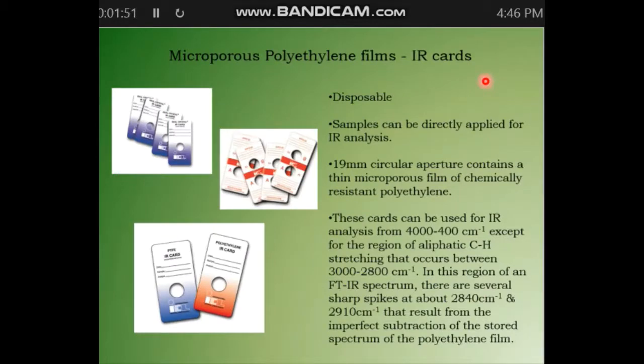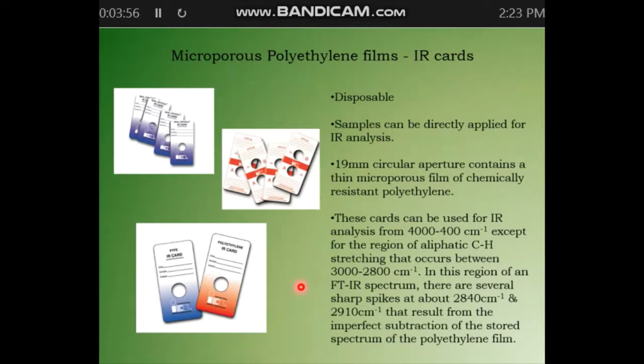Microporous polyethylene films, often called IR cards, are widely used for IR analysis. They are much simpler and disposable, and we can use the compound directly by keeping it on the polyethylene circular disc on the paper card, the IR card, and we can use it for IR analysis.